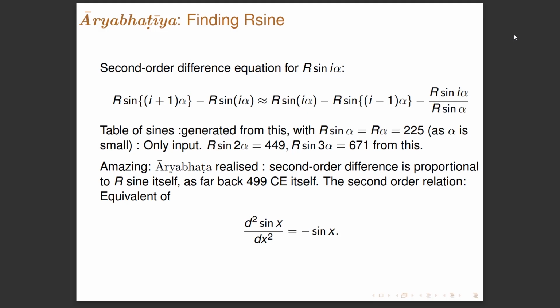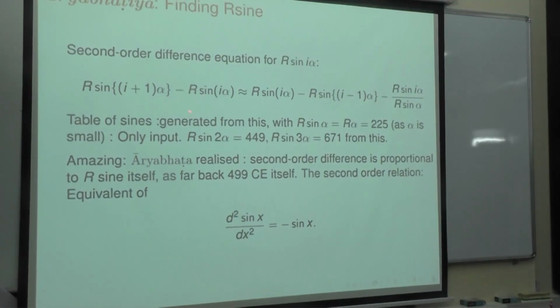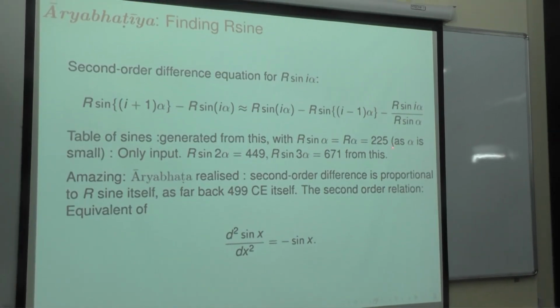This is also a difference, but of the previous set: here i plus 1 and i are there, here i and i minus 1. If you take this to the left hand side, this is called a second order difference: sin (i plus 1) alpha minus sin i alpha, minus sin i alpha minus sin (i minus 1) alpha, and that is equal to this.